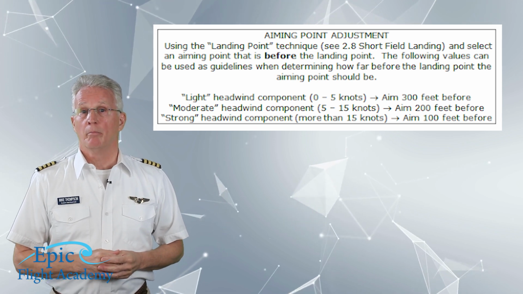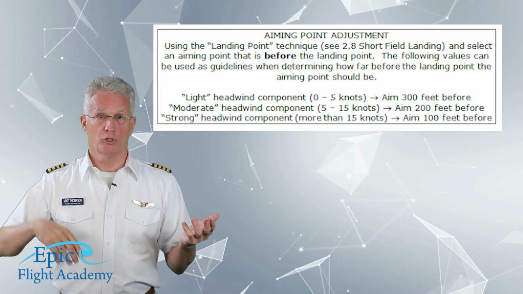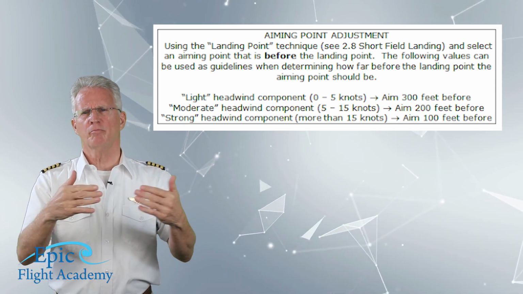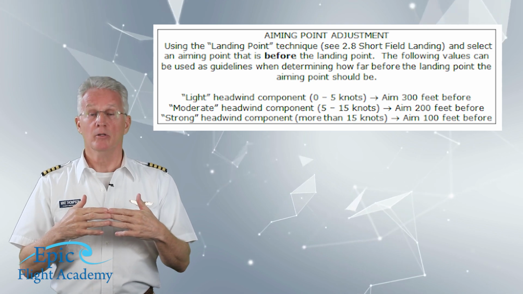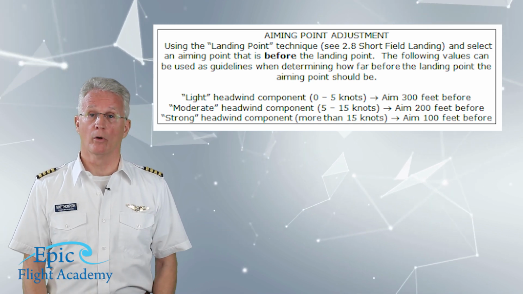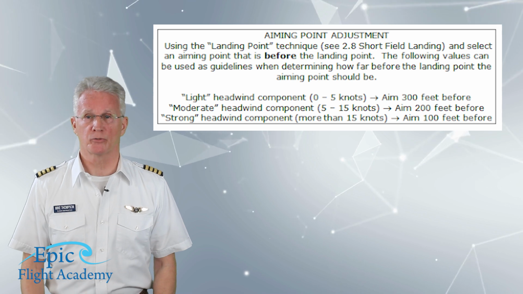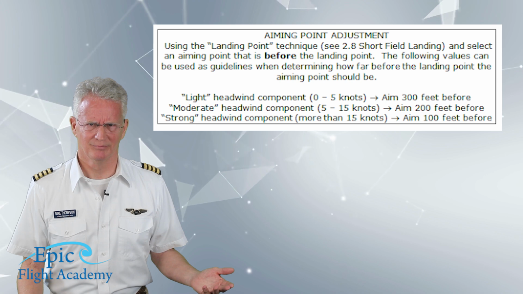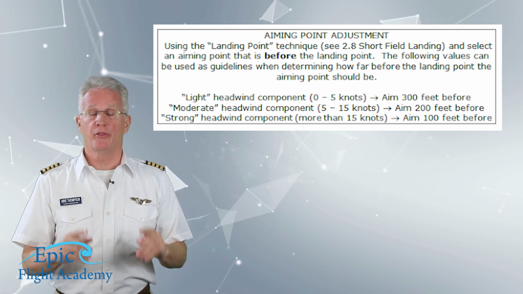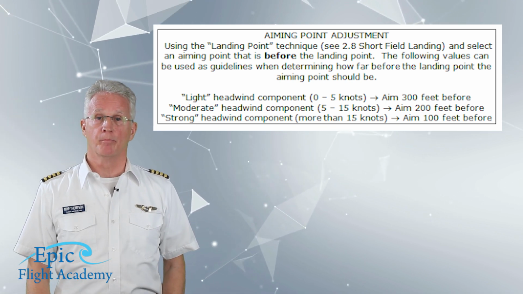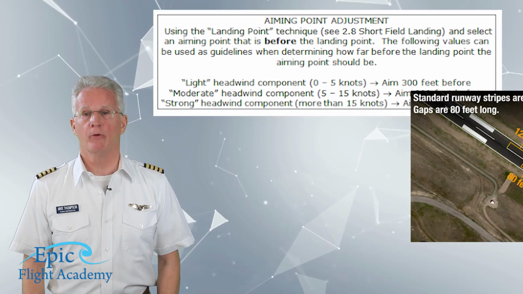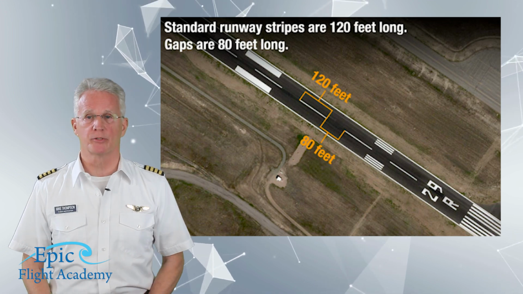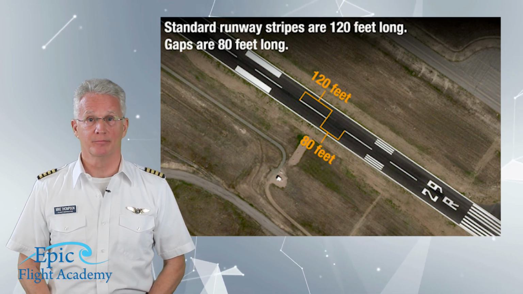So, based on the winds and the chart that we just looked at, I'll move my aiming point back 200 feet for my Cessna 172S. Well, how far is that exactly? I can judge this easily from the air by remembering that a runway stripe is 120 feet long and the gap between stripes is 80 feet.